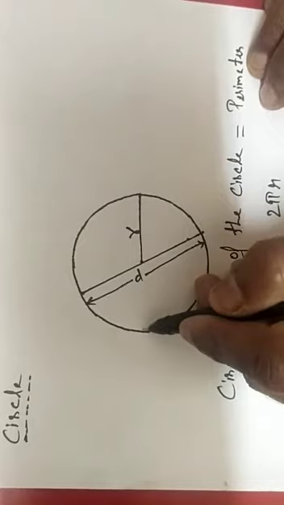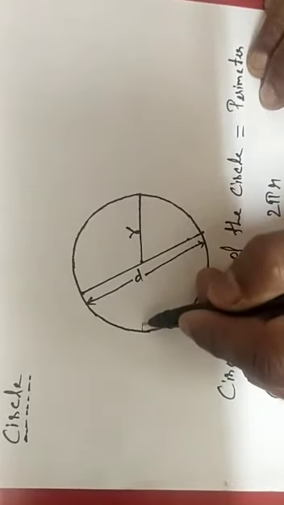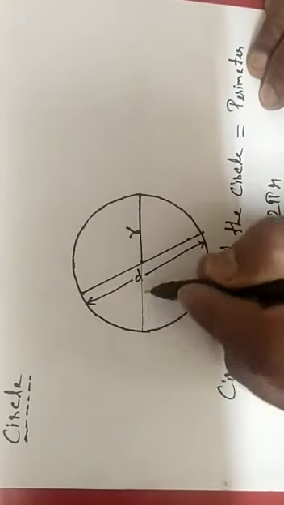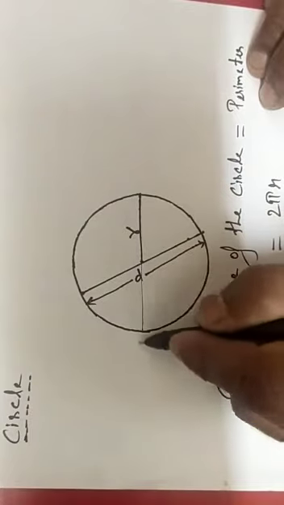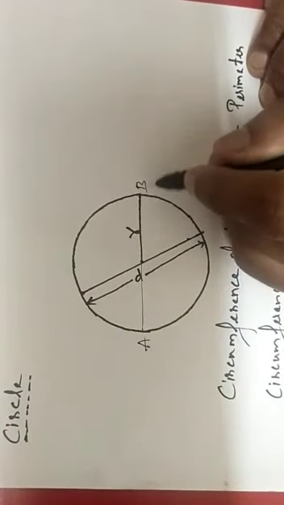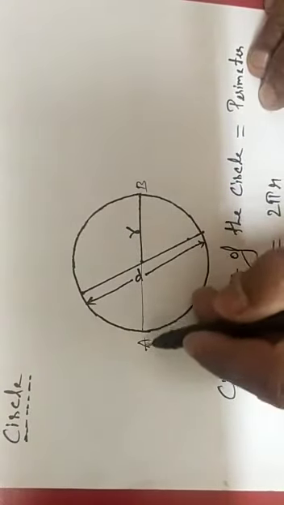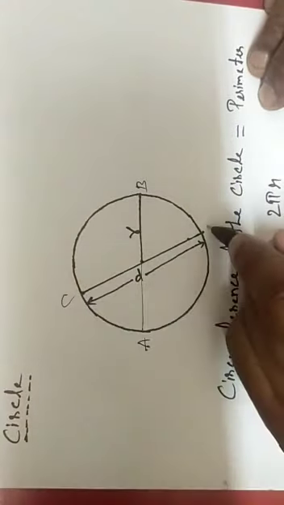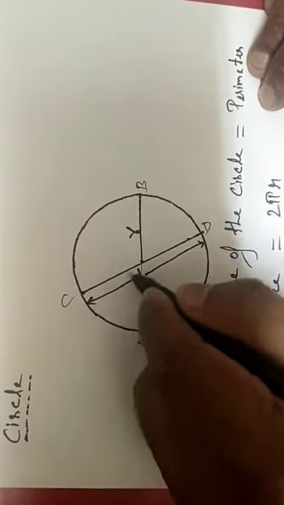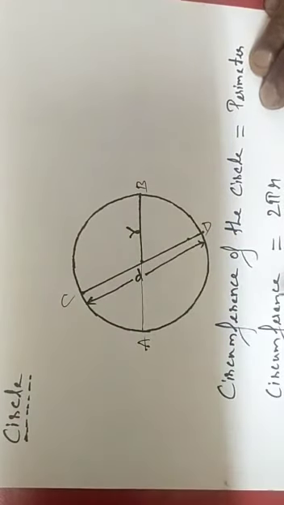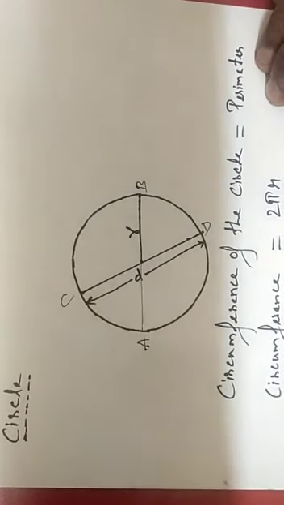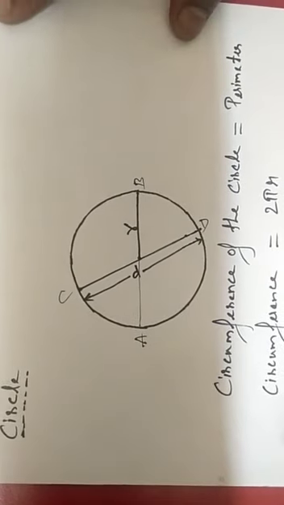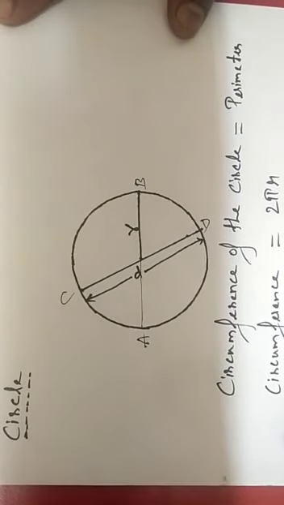Suppose this is A and this is B, then A to B is the diameter. Similarly, if this one is C and D, this can also be said to be a diameter. So diameter is twice the radius, isn't it?